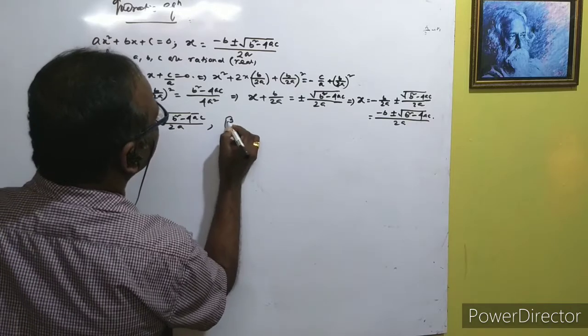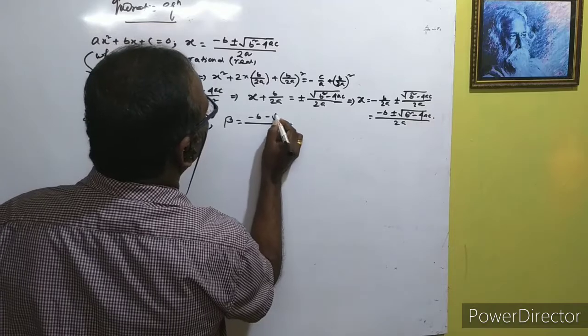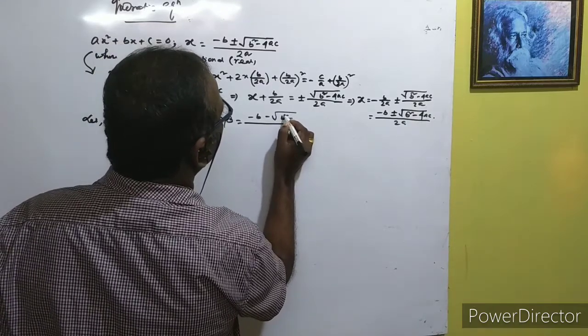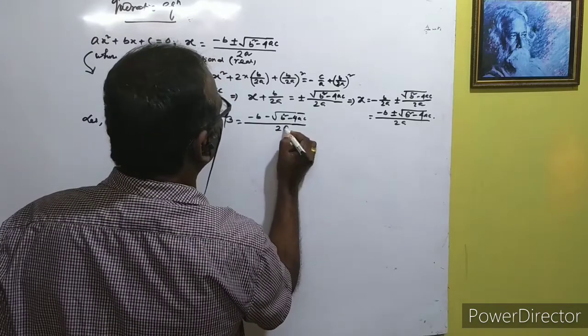Again beta is equal to (-b - √(b² - 4ac)) / 2a.